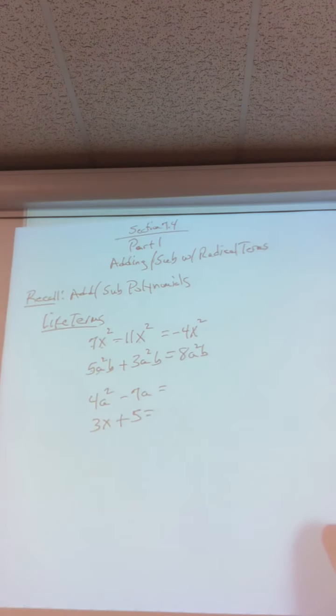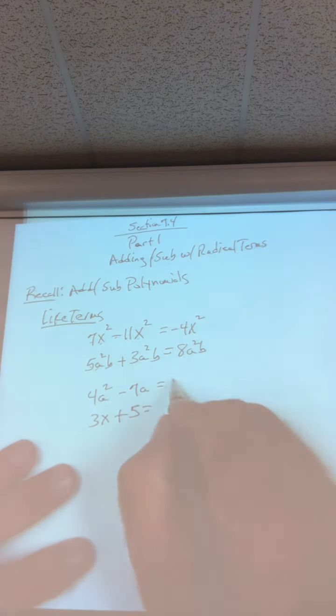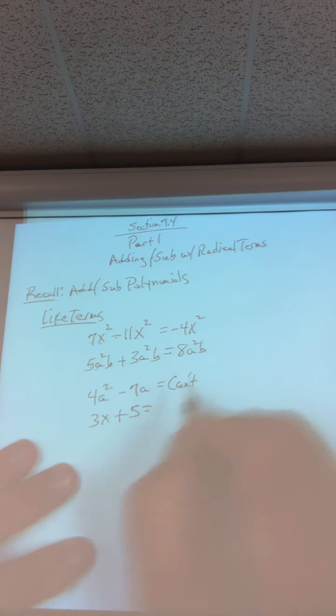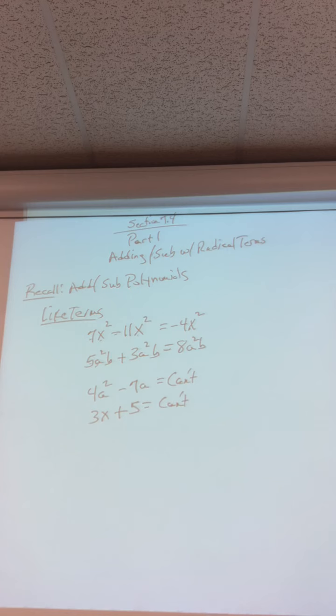Now, it doesn't work that way when you're multiplying those two terms, but it does when you're adding and subtracting. Now, when we get to these next two terms, I can't subtract these because they're not like terms. I can't subtract these because they're not like terms.